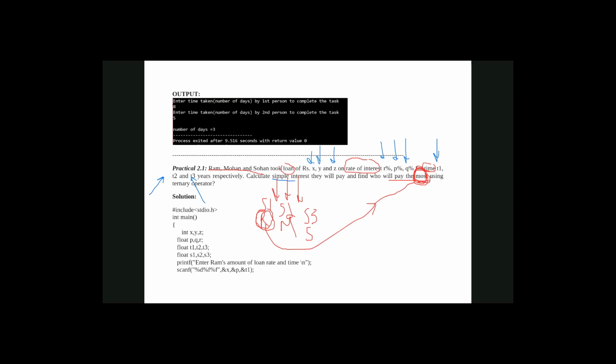Anyone from you? Ram is paying more simple interest than Mohan and Sohan. S1 is the simple interest for Ram, S2 for Mohan, and S3 for Sohan.